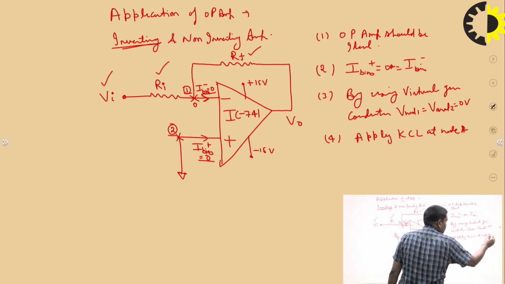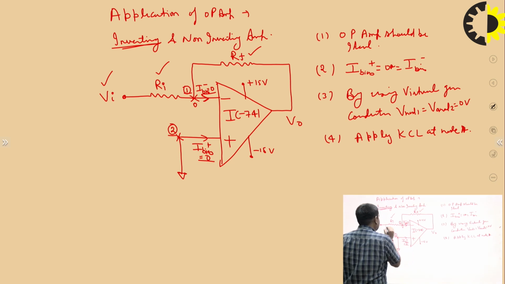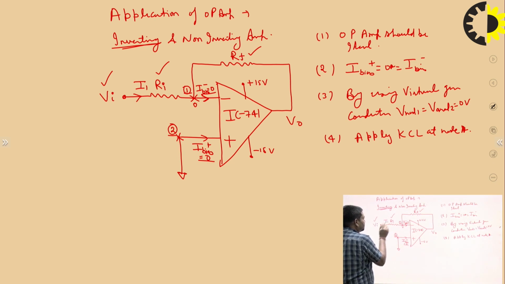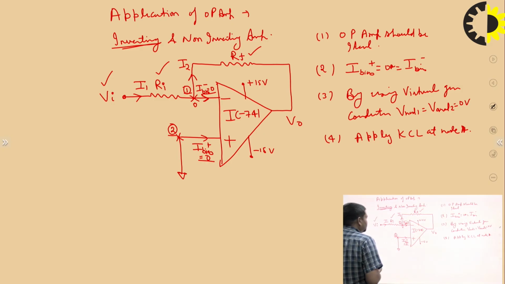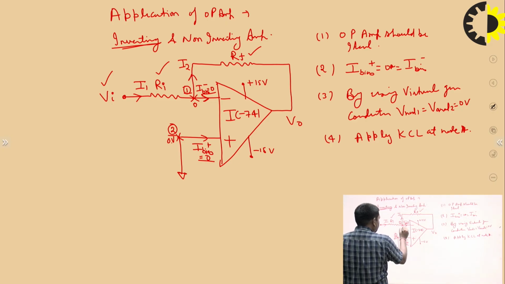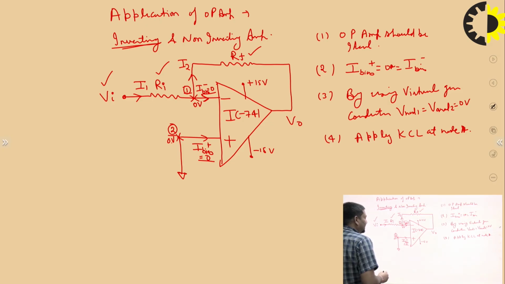Suppose the current I1 flows into that terminal and I2 flows out of that terminal. The I bias minus is equal to 0, and this voltage is 0 volt, and the same 0 volt appears here, because the node 2 voltage is equal to the node 1 voltage by the virtual ground condition.